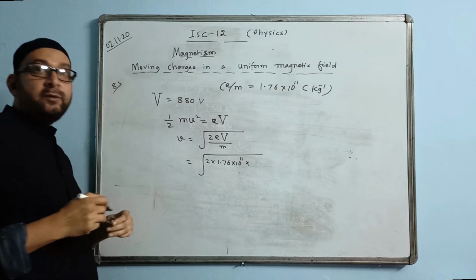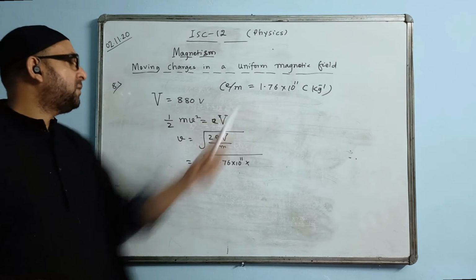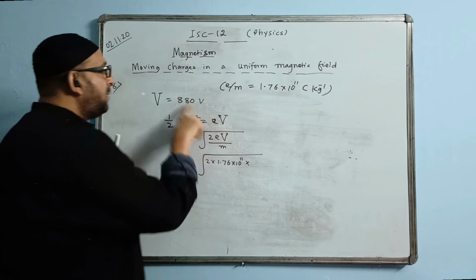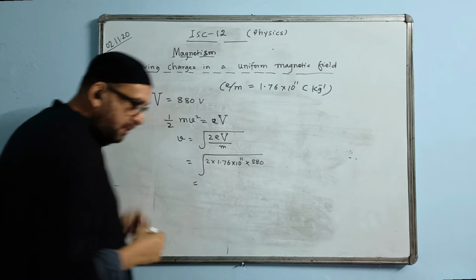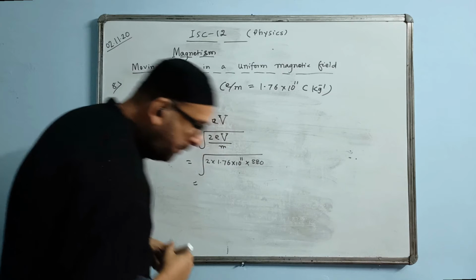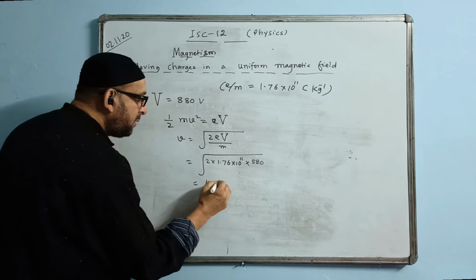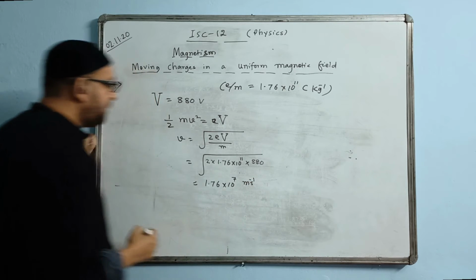We will not put the value individually, rather we will take E by m as a whole. And the voltage value is 880, we will put that value. Now calculate the answer using calculator. Your answer will come 1.76 into 10 to the power of 7 meter per second. This is the value of velocity.